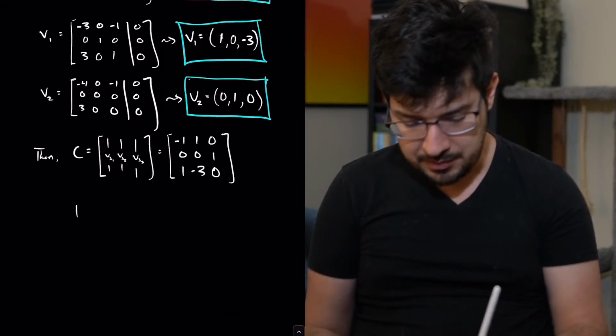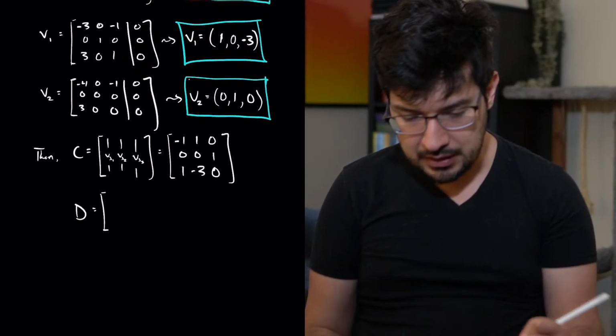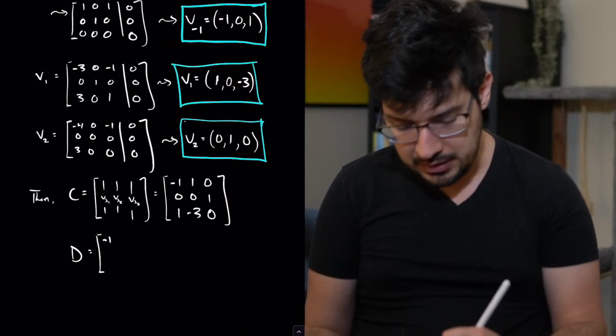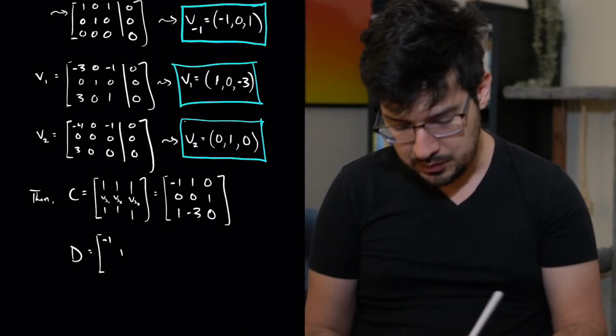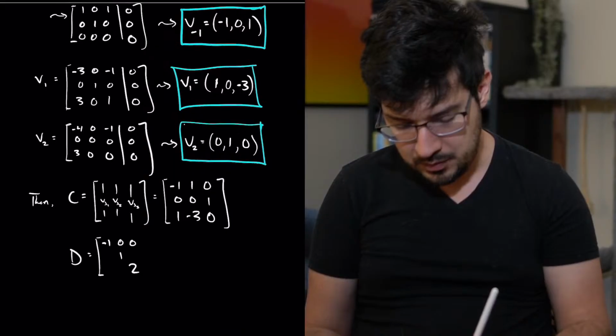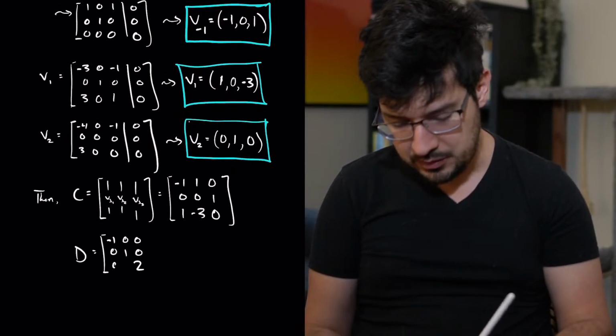And our diagonal matrix should be -1, 1, 2, with zeros elsewhere.